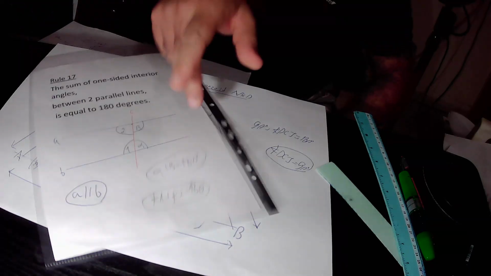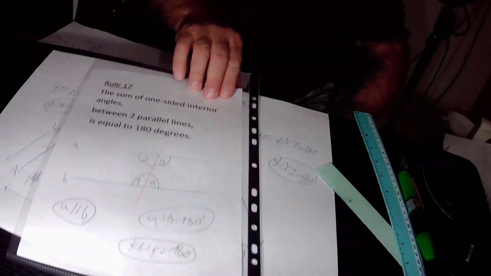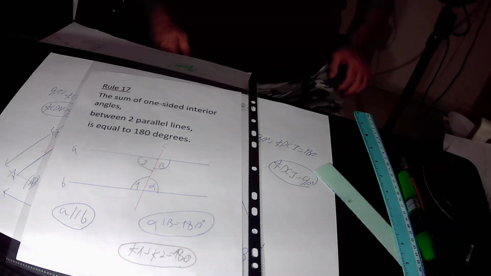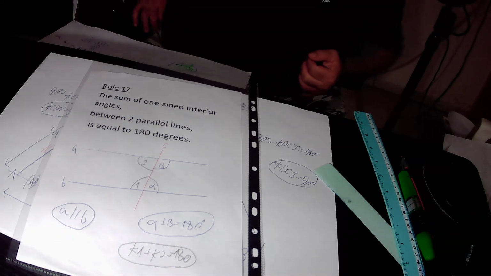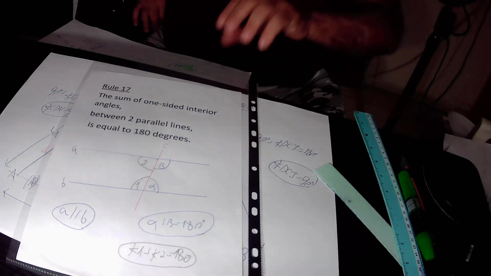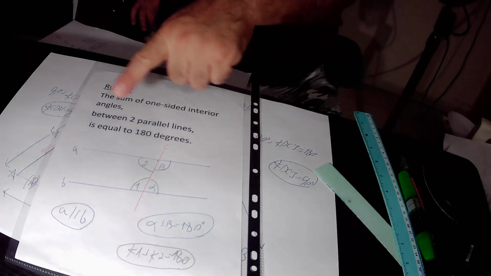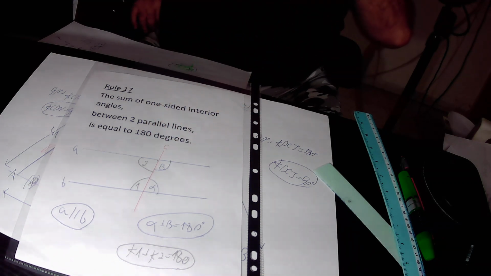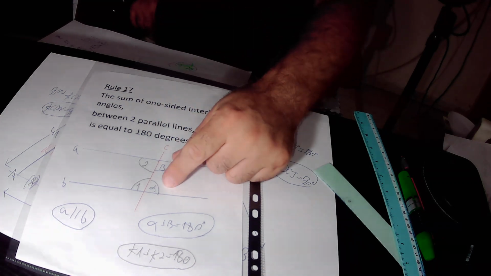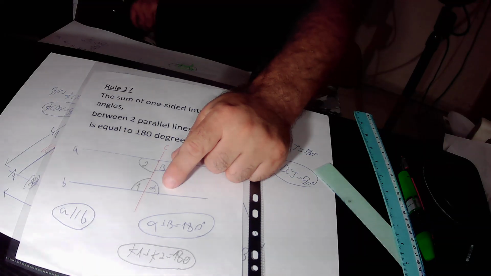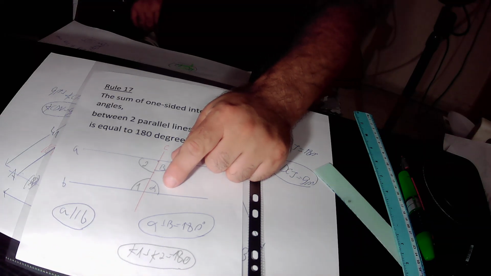You can repeat again on rule 17. According to rule 17, the sum of one-sided interangles that are located between two parallel lines is equal to 180 degrees. In the drawing, we have line A that is parallel to line B. The red line C cuts those two parallel lines A and B. Those two angles, alpha and beta, are defined as one-sided interangles.